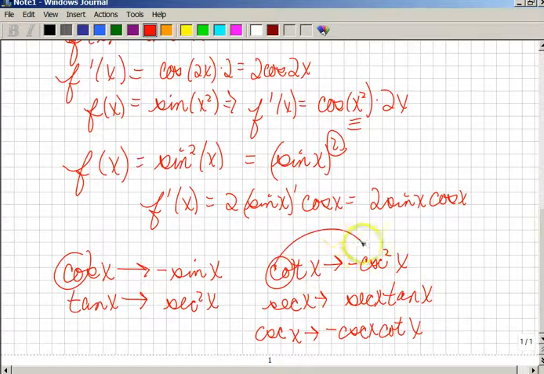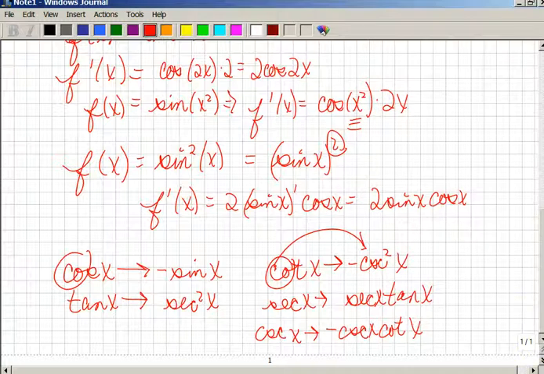So the co goes with the co in that case. Same thing here, cosecant x goes with negative cosecant x, cotangent x. So there are all your trig derivatives that you're going to need to use. So any problem that involves one of those trig functions is going to work basically the same way.